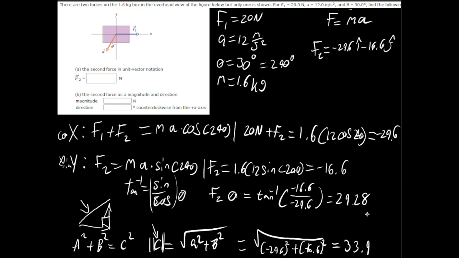So what we would do here, in this case, is we would take this number, 29.28, and subtract 180, and that leaves us with negative 150.71. And that is all of your answers here.